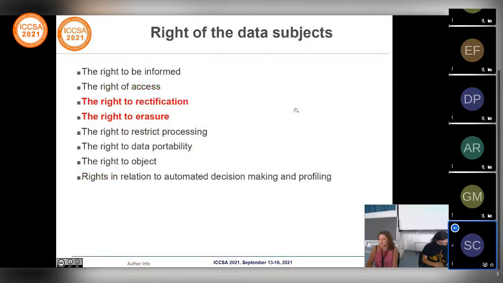The right to be forgotten, that is to say the right to erasure, is the right for a user to ask for the erasure and deletion of their personal data when these data are no longer required to be stored and recorded in a system. These rights are in relation to automated decision making and profiling.